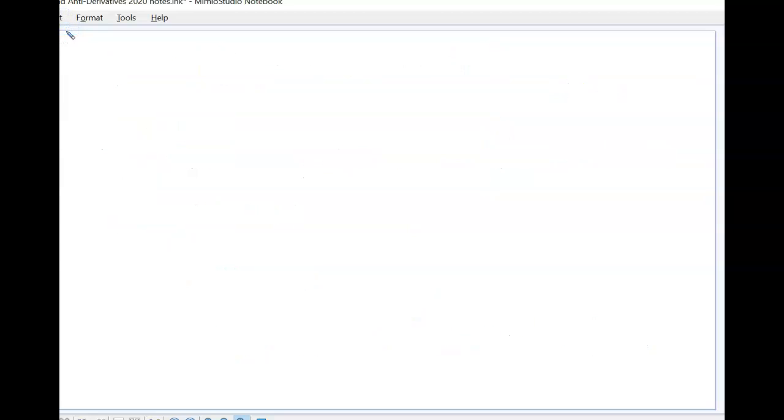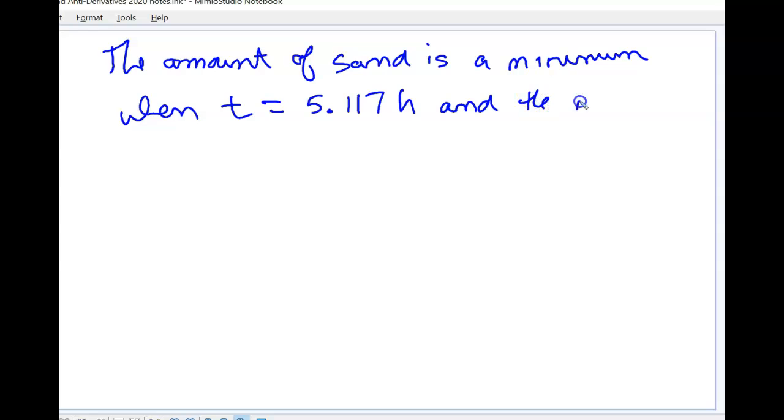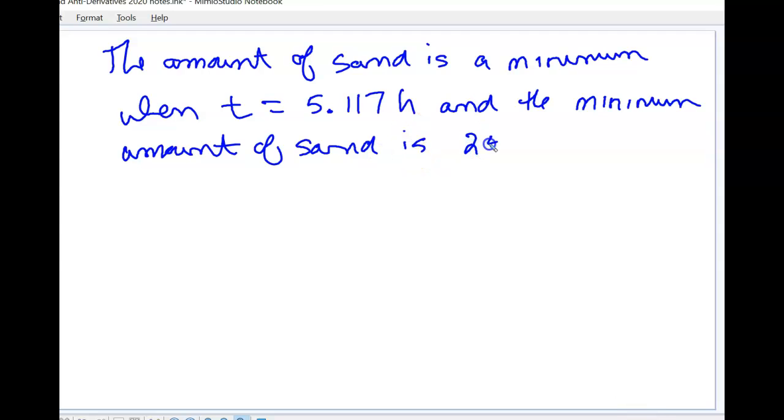We would say that the amount of sand is a minimum when t equals 5.117 hours, and the minimum amount of sand is 2,492.369 cubic yards.